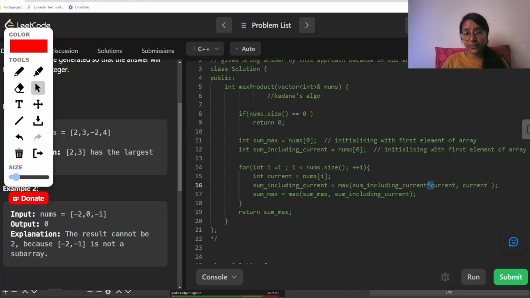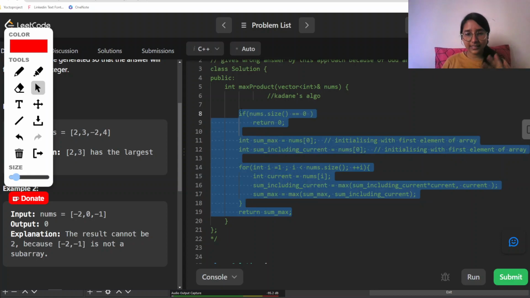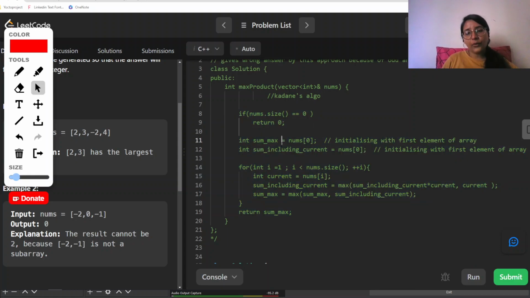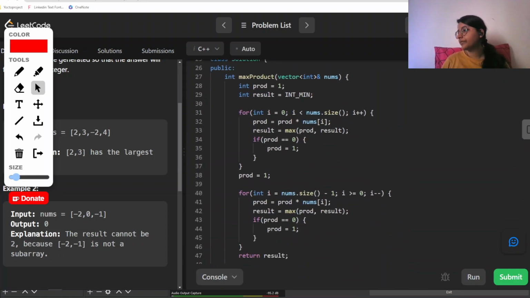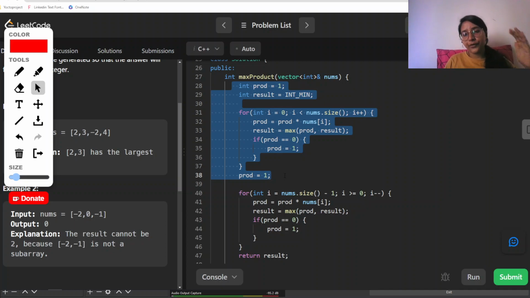But when there are an even number of negatives, which can make our product much greater, in that context it will just discard the test case, and that's why we can't use this particular algorithm for the time being.